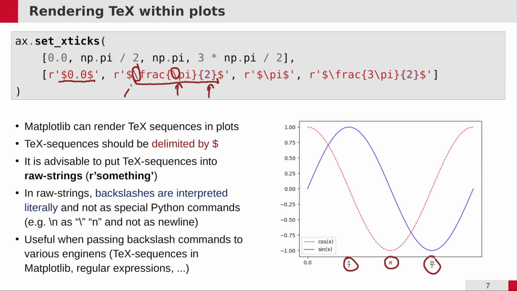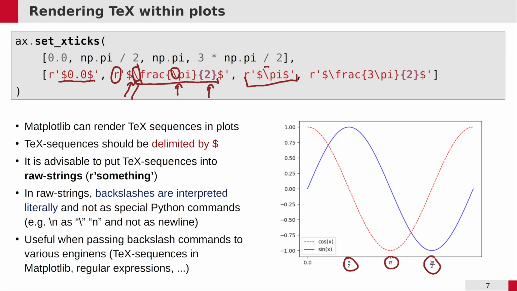To make sure that this backslash and the character after it are not interpreted by Python as a special character, you can add an r prefix to the string. Then you are creating a so-called raw string, and in raw strings Python omits parsing for special characters.